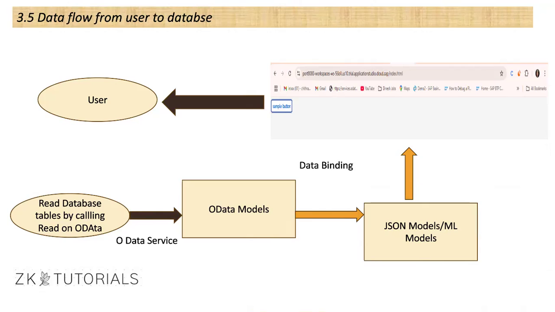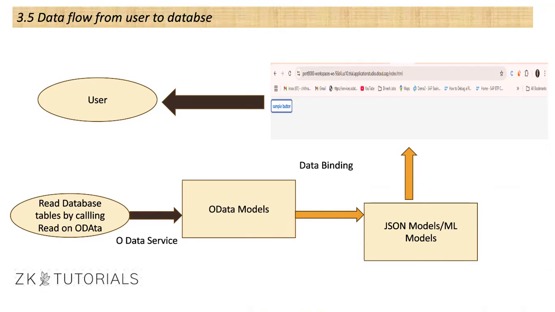We have seen three types of how data flows. This is not the exact flow of every application. These are the ways data flows from DB to the user, and from the user again to the database. This is the flow which we explained.